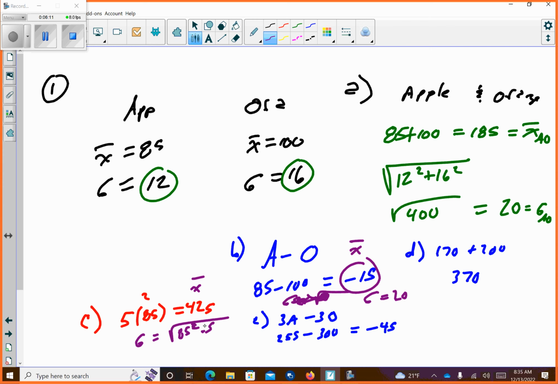Root 85 squared times 5. So this comes out to, ooh, I'm off.